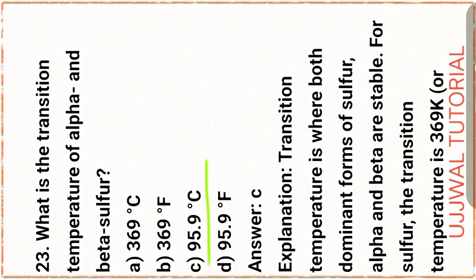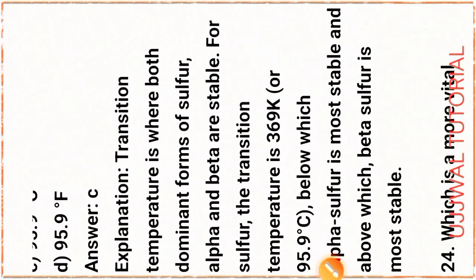Transition temperature is where both allotropic forms of sulfur, alpha and beta, are stable. For sulfur, the transition temperature is 369 Kelvin or 95.9 degrees centigrade, below which alpha sulfur is more stable and above which beta sulfur is more stable.